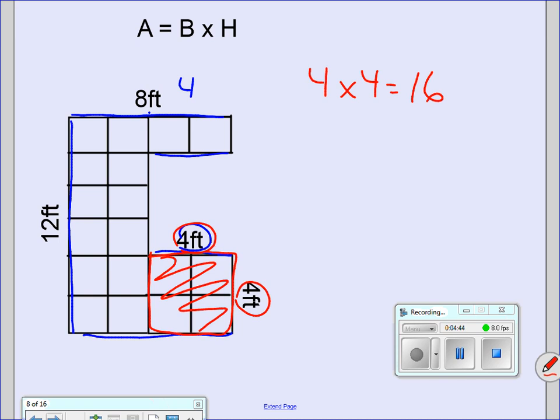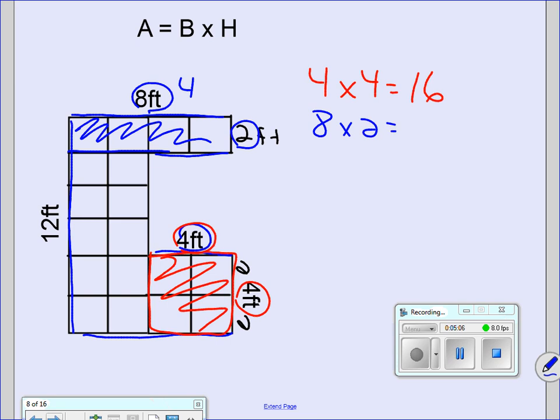Let's figure out what is each one of those squares worth. Well, if this right here is a 4 on the side, that means the square here is a 2 and the square right here is a 2. So that means this right here must be 2 feet. So with that being said, kids, this rectangle right here would be, I apologize, 8 times 2, which would be another 16.